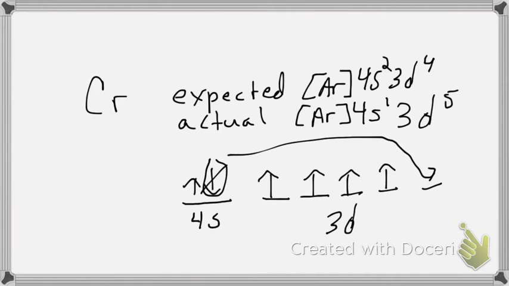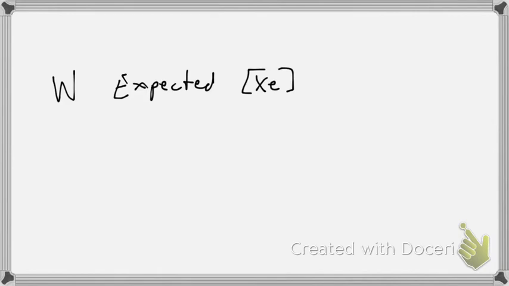Now, one that's a little bit tricky is one like tungsten, because students will not know what to do with the F block. So let's do tungsten. The expected, I think tungsten is xenon, Xe, 6s2. Now, you can't forget the 4 Fs. You've got to go through the 4 Fs, so you'd put 4f14, then you'd come back and it'd be 5d4.